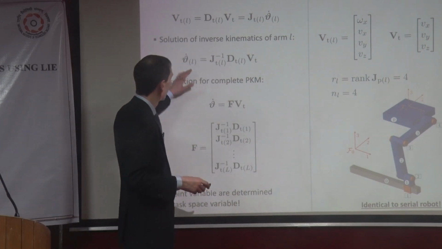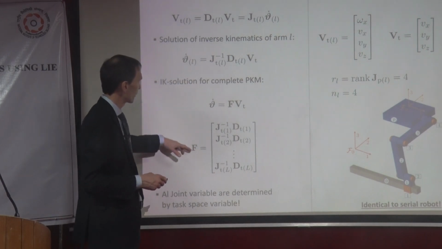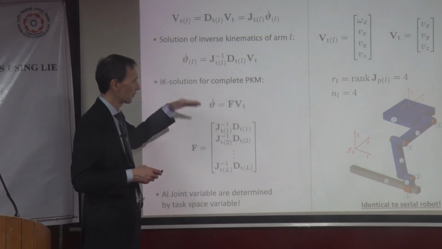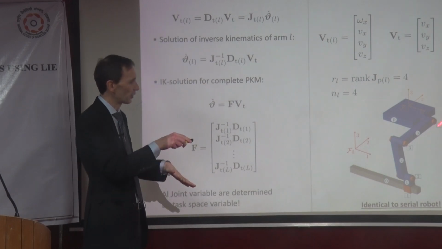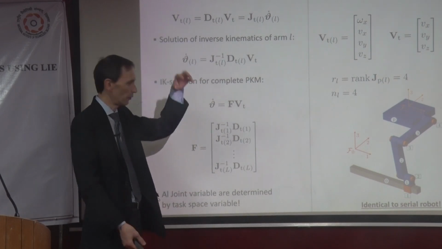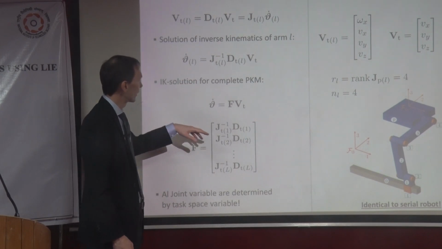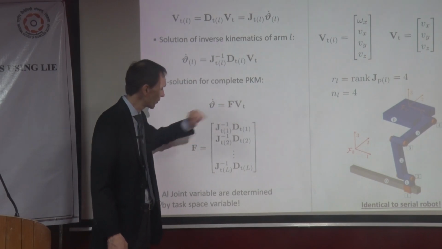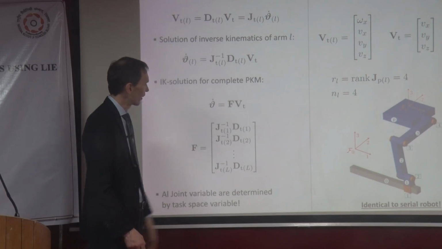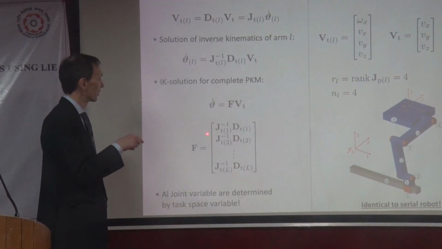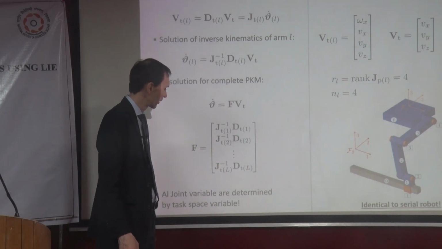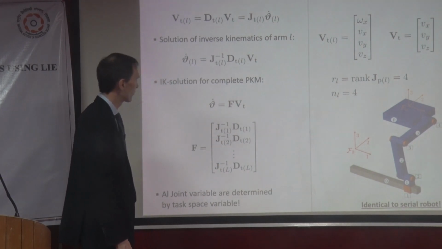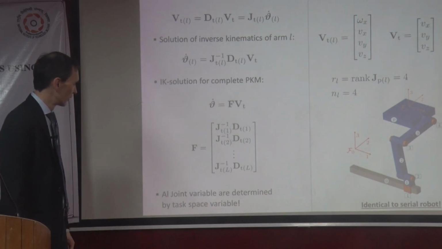And I can do this for all the limbs, which means that the big theta is just the theta of all the limbs, so I have the coordinates of the first one, second one, and so on, and of course I line them up. And I can compute them from the task space velocity with the matrix F, and F is just defined by lining up all these equations for the limbs, and the limbs go from 1 to capital L. Okay, and that's it.